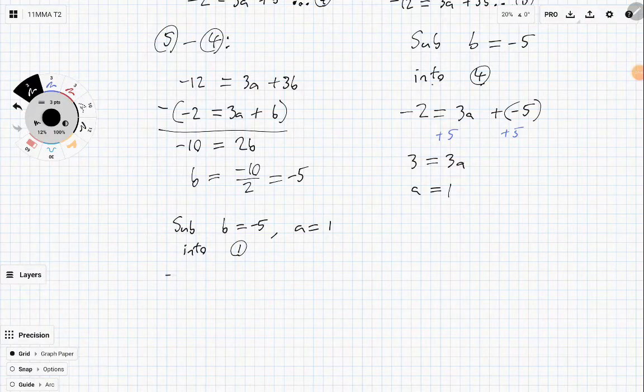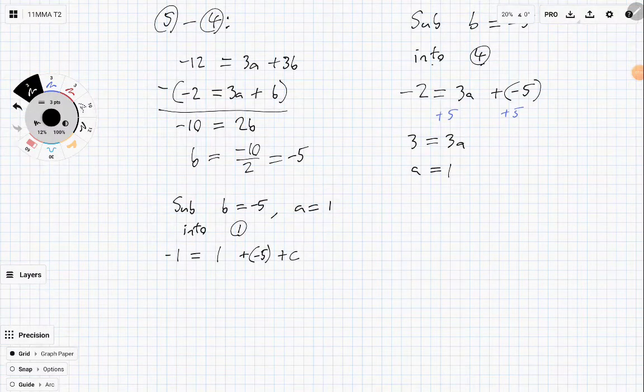Negative 1 is equal to a plus b plus c. A is 1, b is minus 5. 1 plus minus 5 is negative 4 plus c. Add 4 to both sides, and we are left with 3 is equal to c.